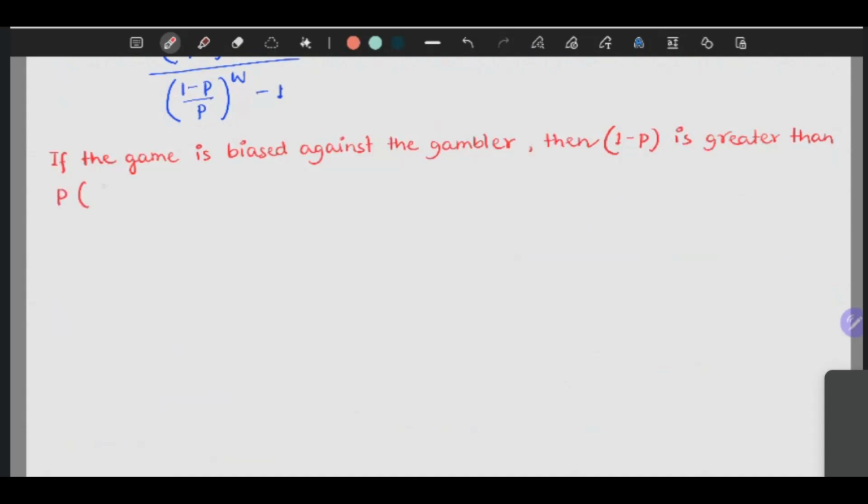P is the probability he wins. That is the main case.